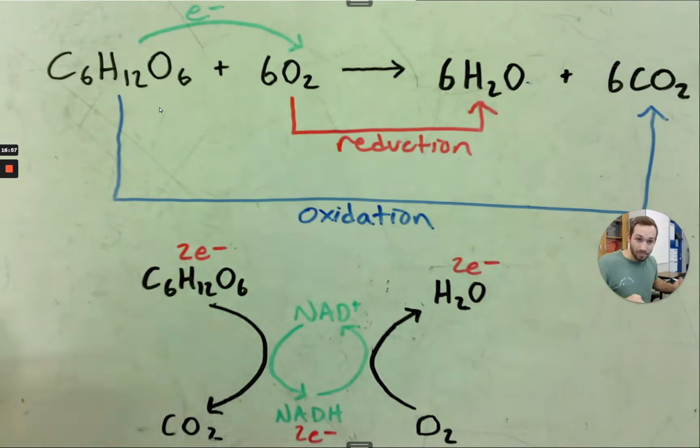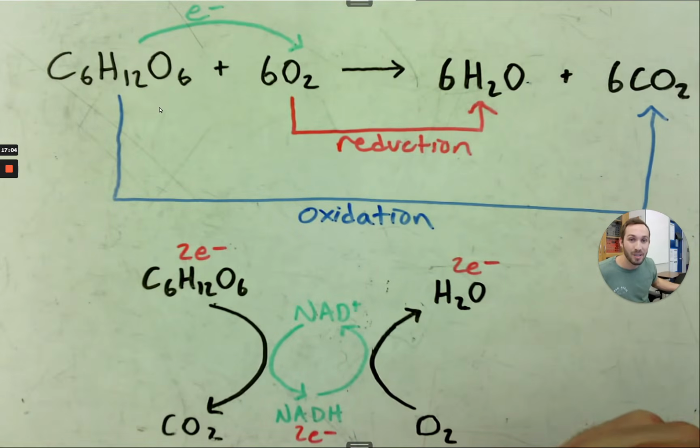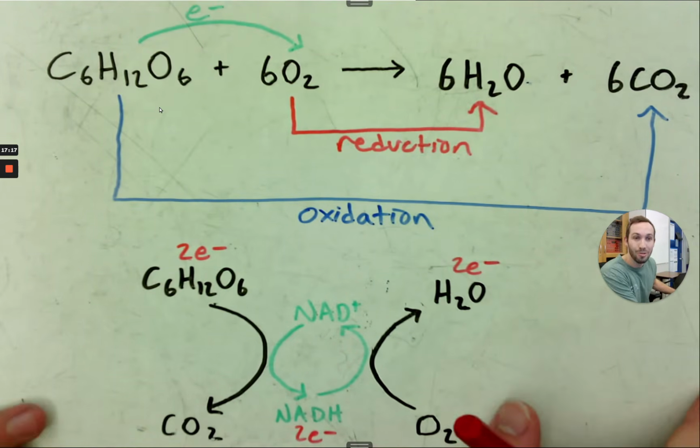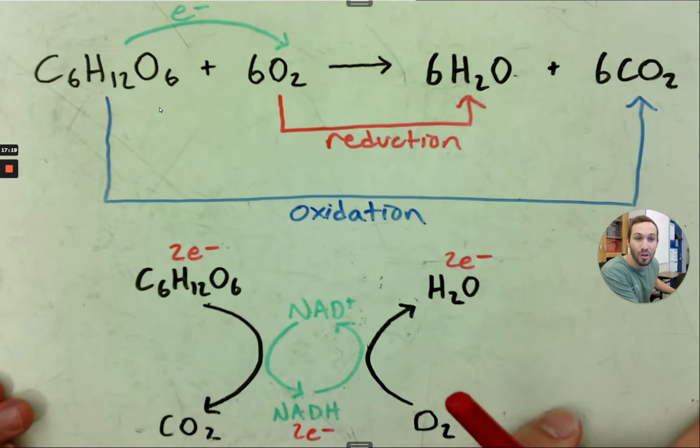Like I said, in topic 2 and 3, we're going to explore in a lot of detail what this actually looks like, which involves a lot of different reactions and a lot of different proteins and a lot of different series of reactions taking place in different spots in the cell. You'll see it's a lot more complicated than you might have initially learned in middle school or freshman bio.